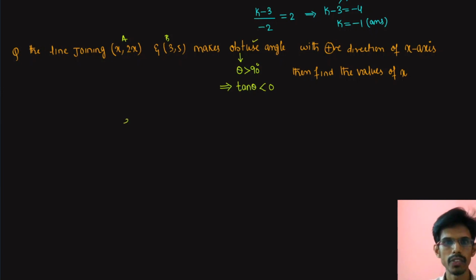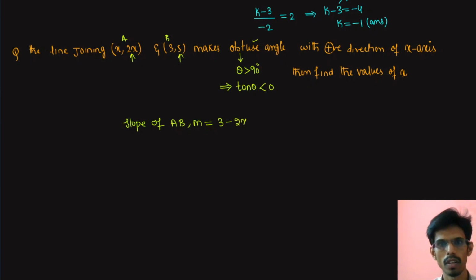Now let us take slope of AB. Slope of AB, that is m is equal to y2 minus y1. y2 is here 5 minus y1. y1 is 2x upon x2 minus x1. x2 is 3 minus x1. x1 is x.